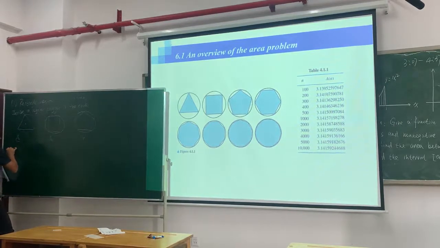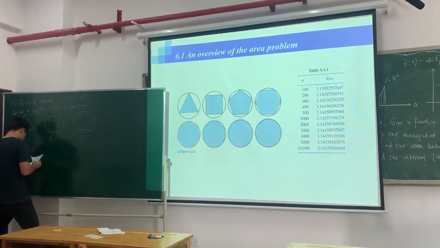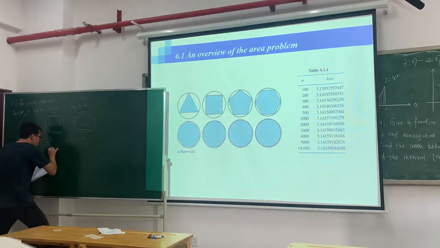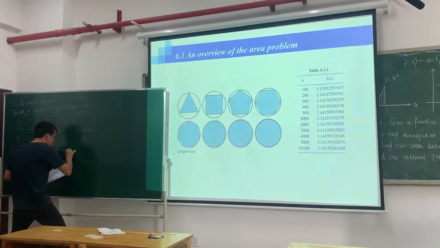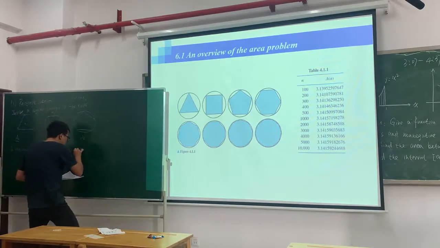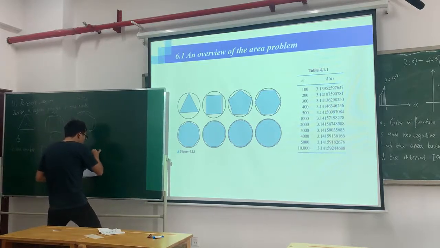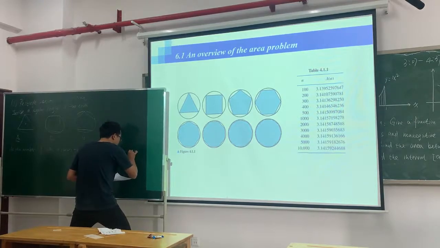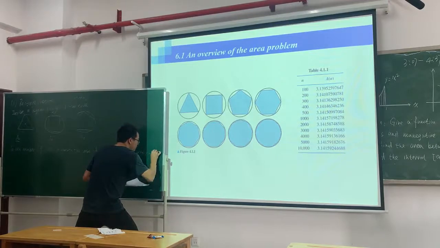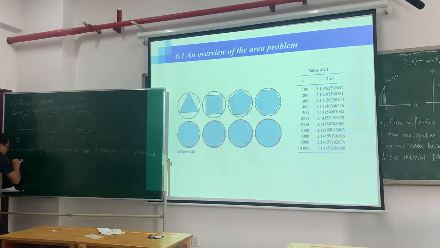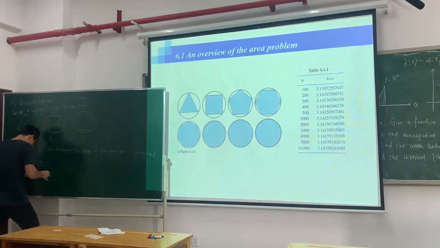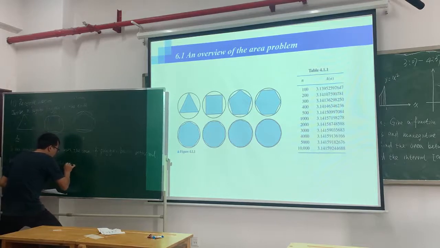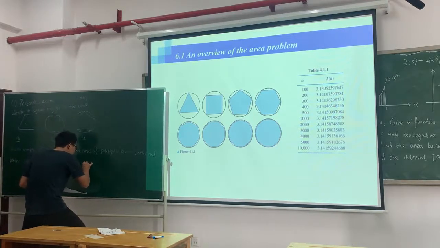As the number of sides increases, the area of the polygon becomes a better and better approximation of the exact area of the circle.